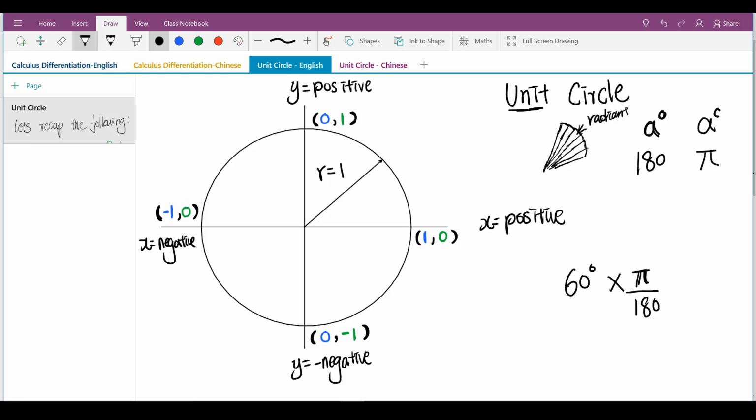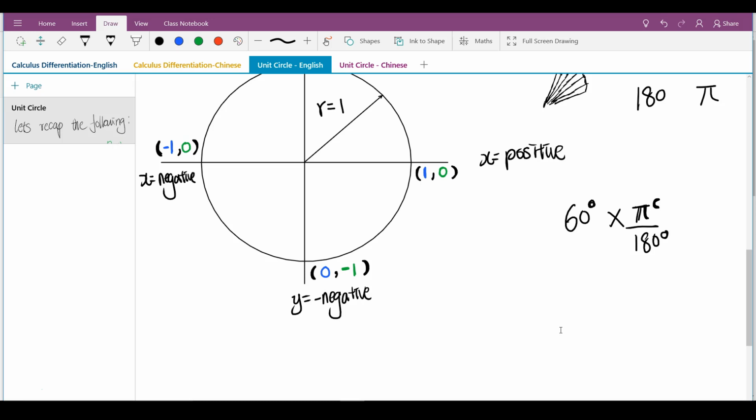So like I said before, radian is a unit, and degree is in the unit of degrees, right? Now, a lot of teachers don't actually teach their students about this, which I think is horrible, which I think they should.